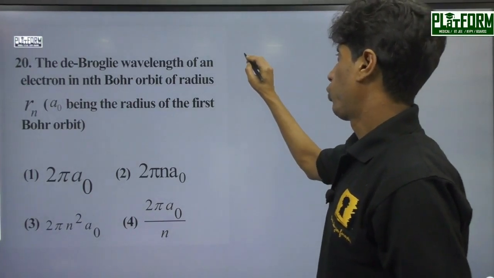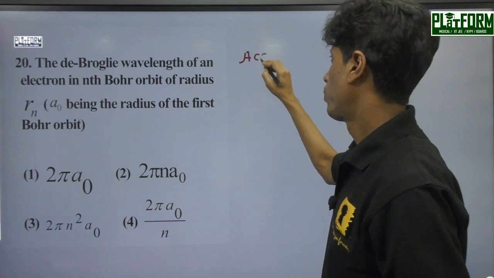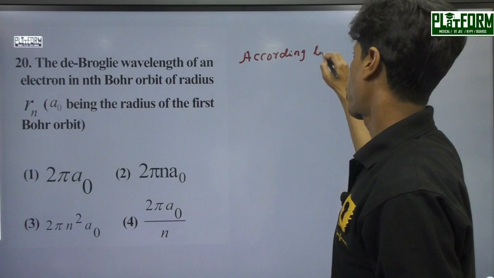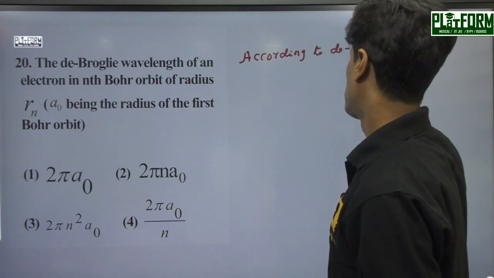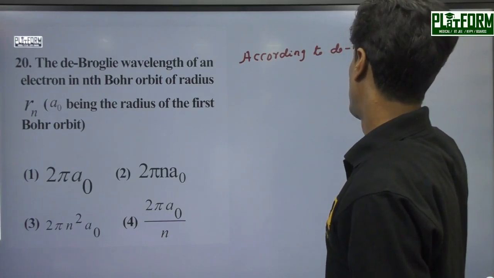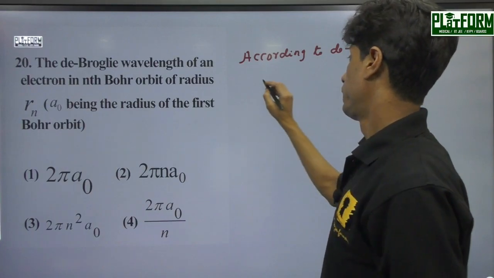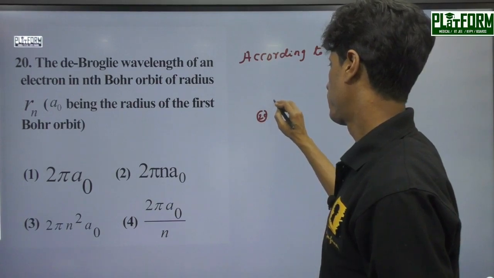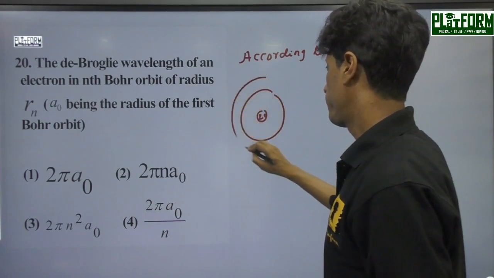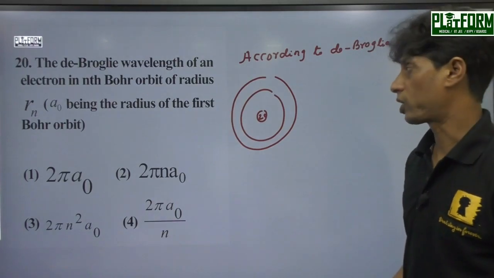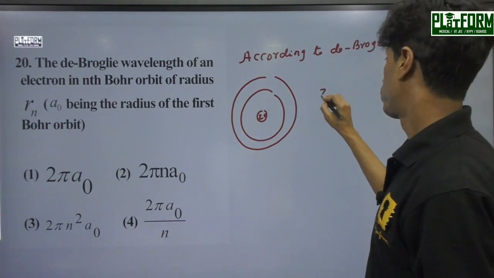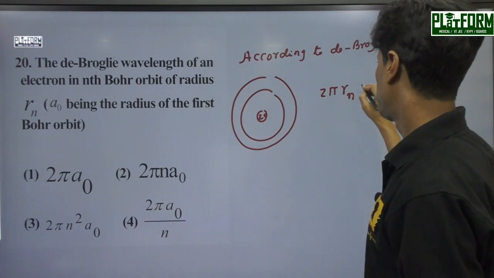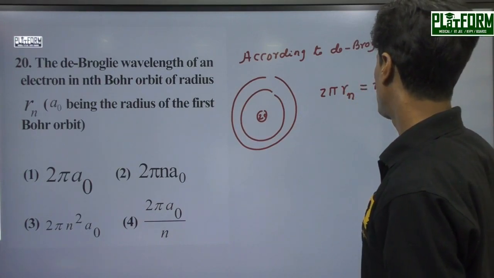According to de Broglie, the periphery of the orbit around the nucleus of an atom, twice pi r n, is equal to n into lambda.